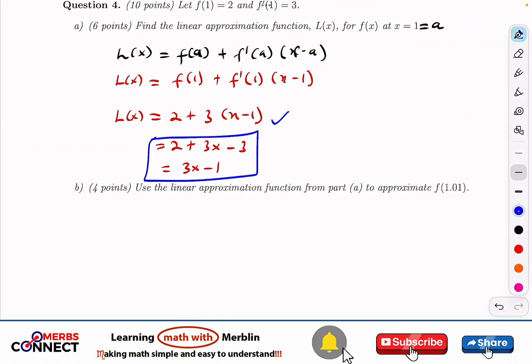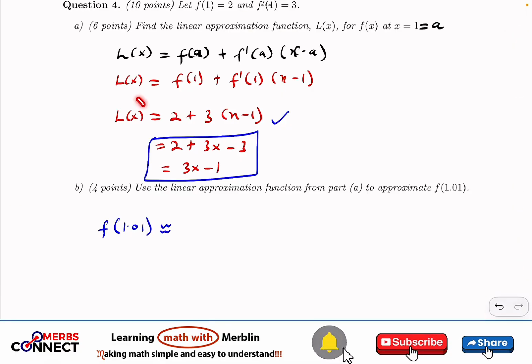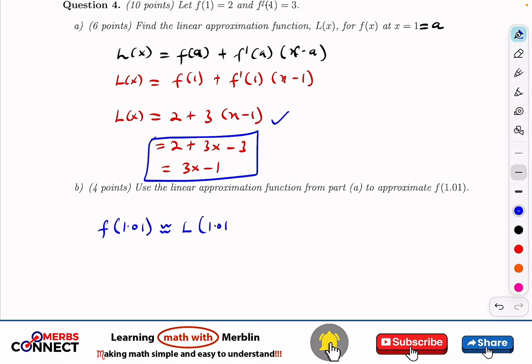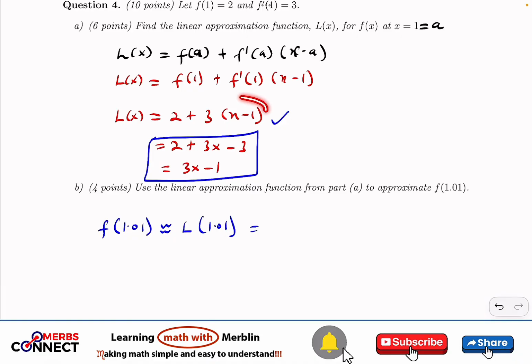So let's go. f of 1.01 is what we need to approximate, so we are going to use the linear approximation, which is this. This is going to be the linear approximation of 1.01, and we can plug it in here. Let me use the one which is blue.